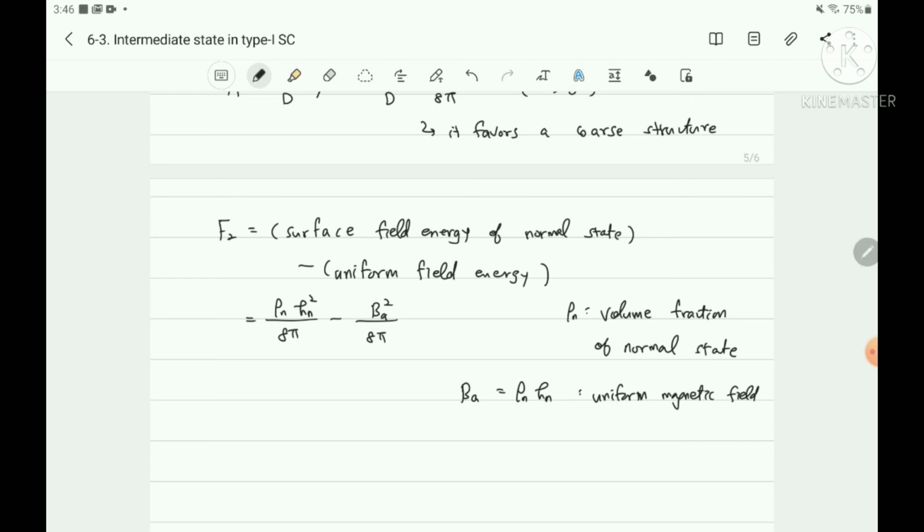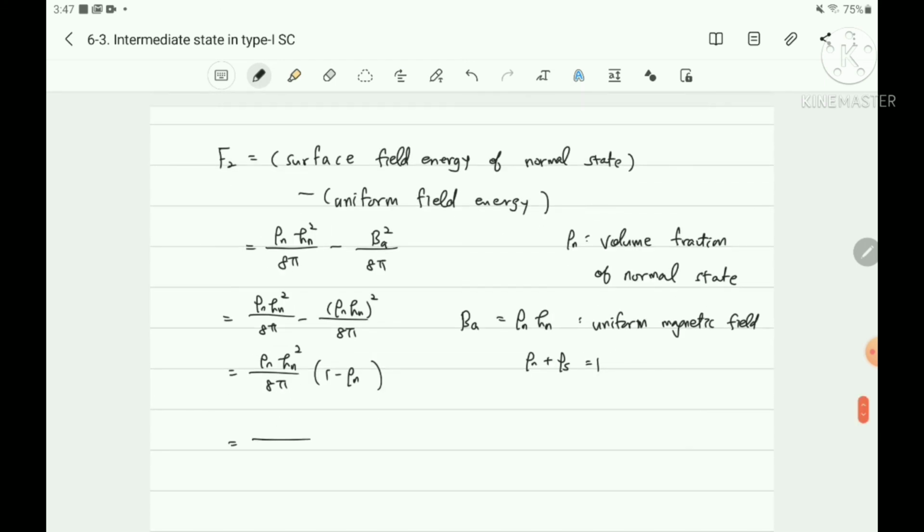Therefore, it is rho n Hn square over 8 pi minus rho n squared Hn square over 8 pi, then rho n times 1 minus rho n, and because rho n plus rho s equals 1, it is rho n rho s over 8 pi Hn square.